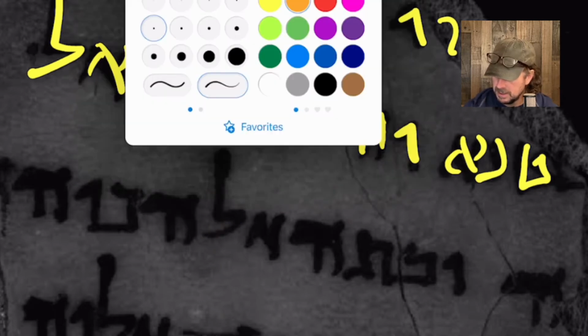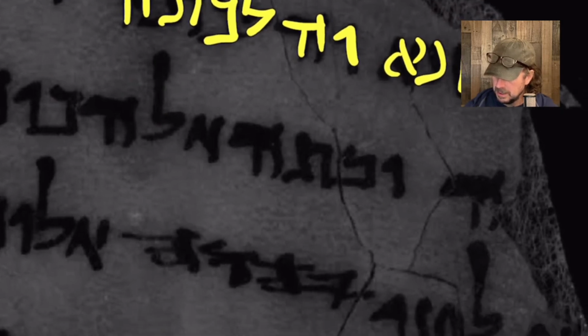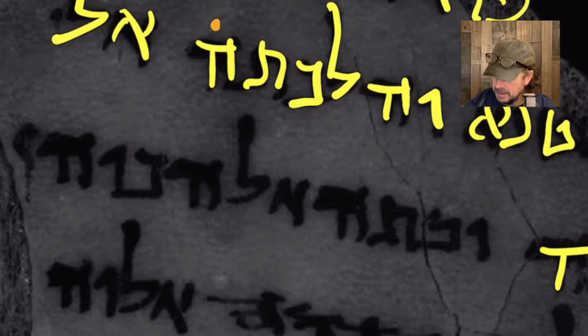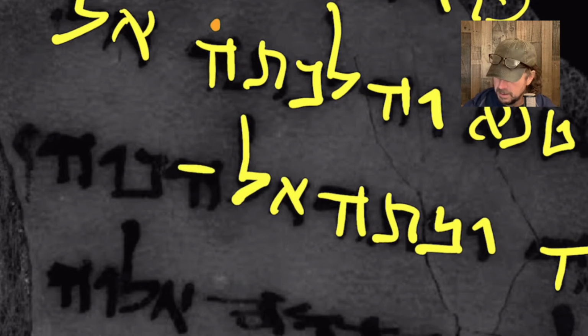So let's continue on here. So then we see what looks like a hey. So it's like what came before that. Then vav, bet, tav, another hey. Aleph lamed, another hey.